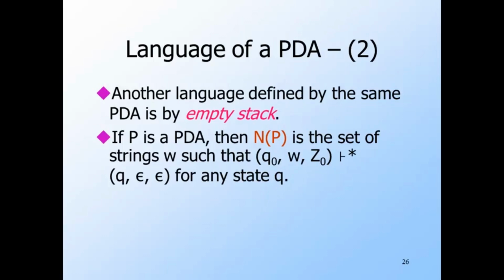Formally, this language is the set of strings W such that started in the usual ID with input W, that's of course this, P eventually reaches an ID in which it has consumed all of W and its stack is empty. Okay. We don't care about the state Q. It can be final or non-final, doesn't matter.